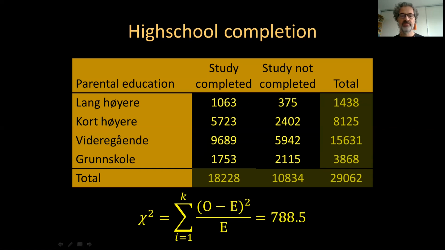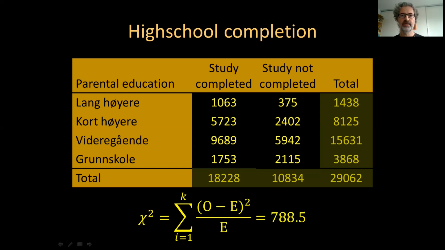And this leads to a value of chi-square equal to 788.5. This is a truly huge value that indicates that the difference in proportions is very reliable and unlikely to have arisen from sampling from the null hypothesis, from a population with equal proportions.